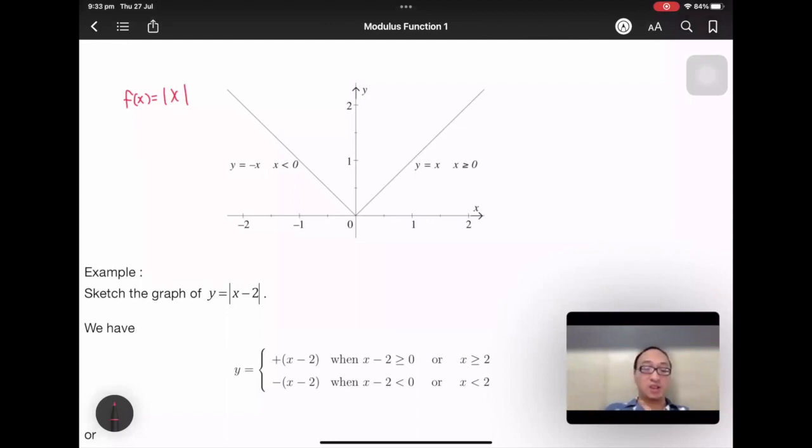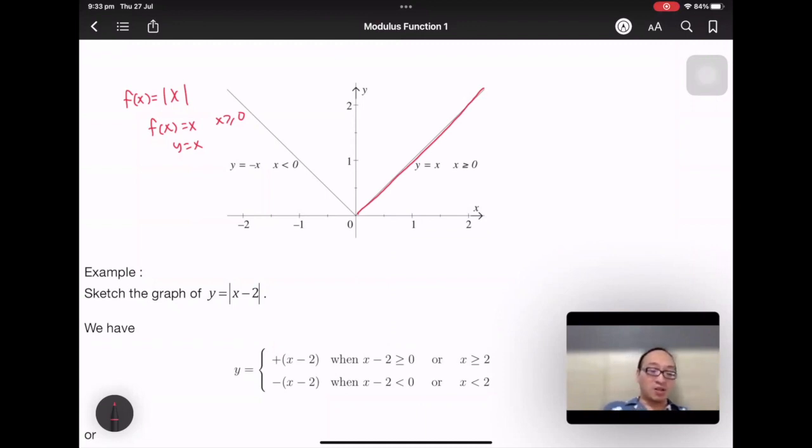It is equal to x for positive values of x. So we can just draw the line y equals x. It passes through 0, 0 and has a gradient of 1. So I can draw this. This is the line y equals x.